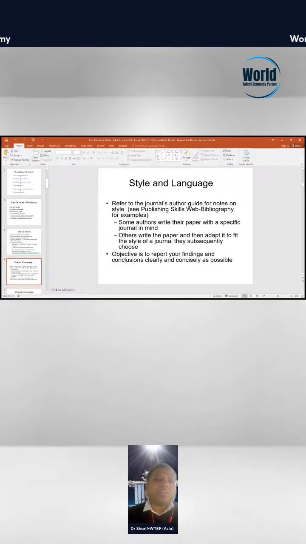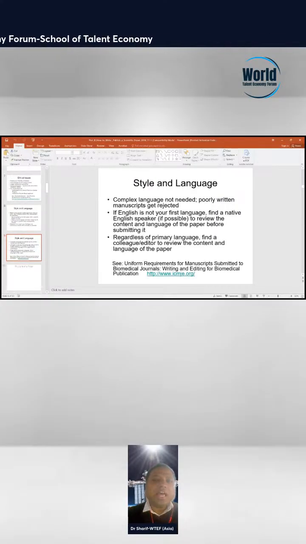And when we discuss style and language, refer to the journal's author guide for notes on the style. Some authors write their paper with a specific journal in mind; otherwise, write the paper and then adapt it to fit the style of the journal they subsequently choose. The objective is to report your findings and conclusions as clearly and concisely as possible.